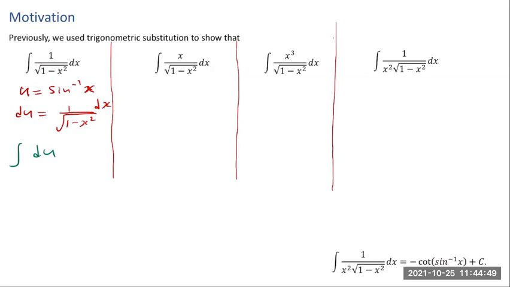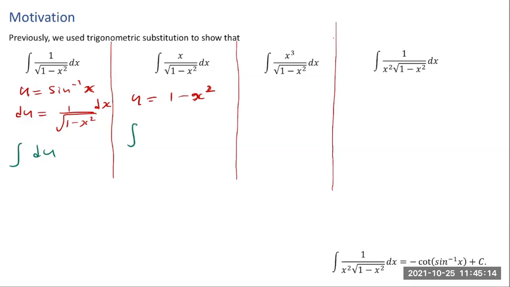And then what about the second part? This integral, can you do it using u substitution? Yes, of course. If you use u is equal to 1 minus x squared, this will give us an integral which can be solved. Okay, for example, if you use this substitution, you will get this particular integral.